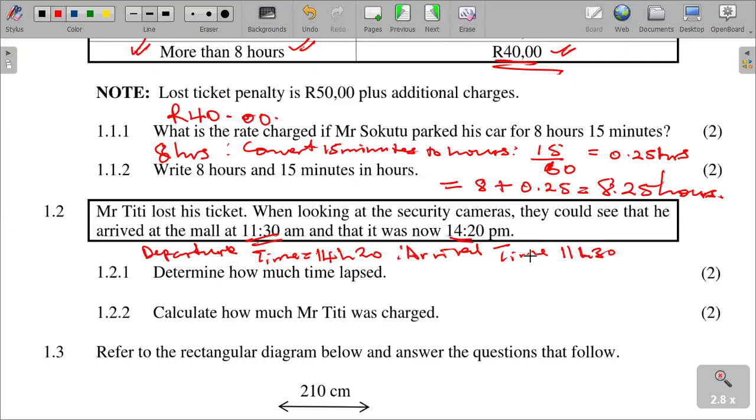So the lapse time is equal to 14:20 minus 11:30.